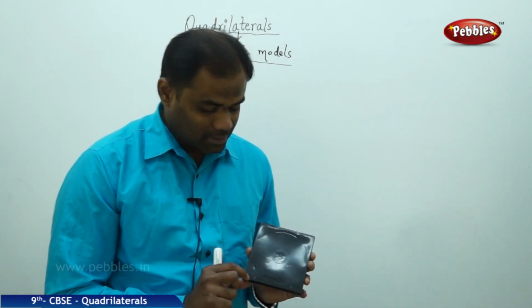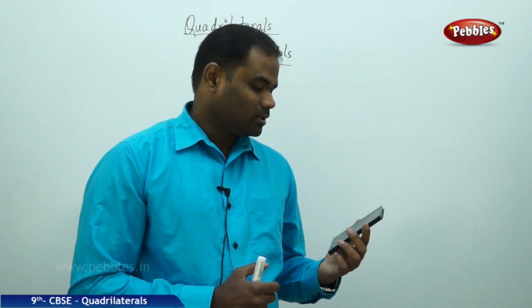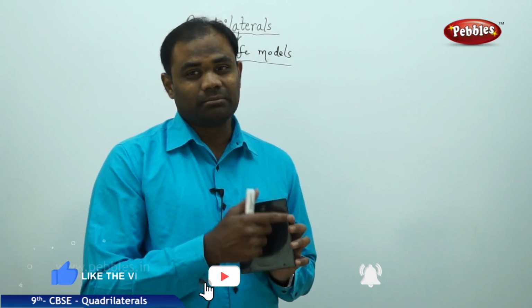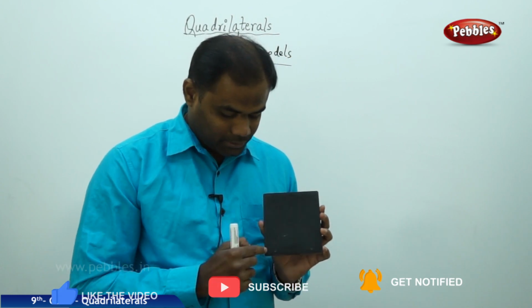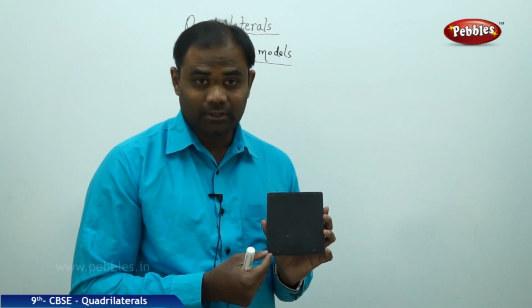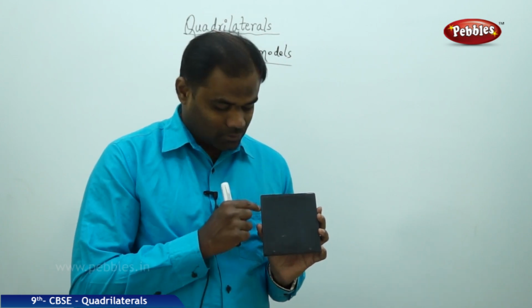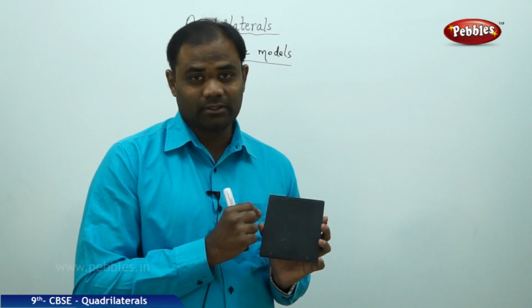Now how do I understand this front face of the quadrilateral? It is identified that this quadrilateral is not irregular in shape but regular in shape, in the manner that each of the quadrilateral corners is exactly at 90 degrees. So this is at 90, this is at 90, this is at 90 and this is at 90.